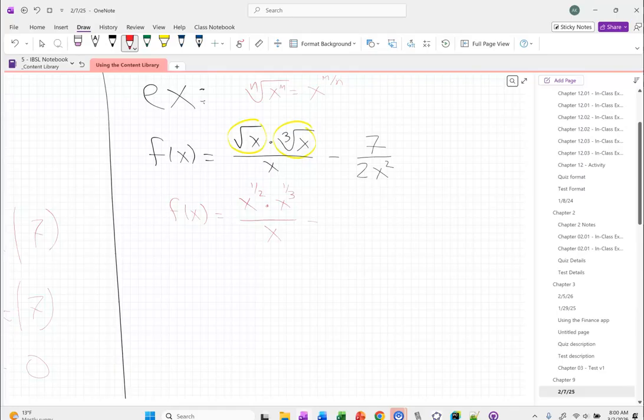And then what am I going to do with 7 over 2x squared? What don't I like about that? The x in the denominator, right? That there's a division going on. Now there's an exponent property here that can help us. So how am I going to rewrite 7 over 2x squared? 7x to the negative 2 over 2.